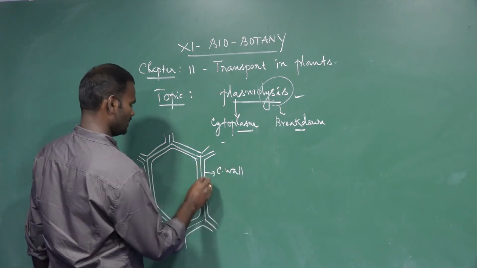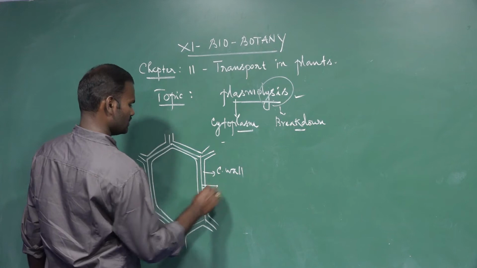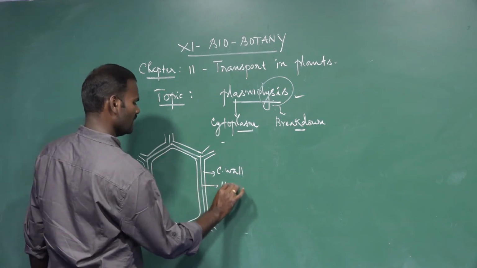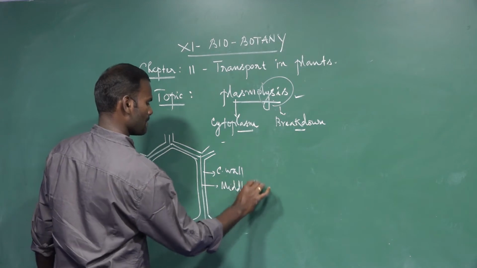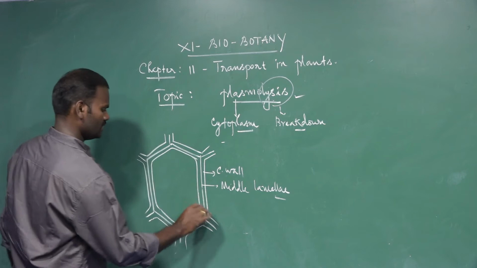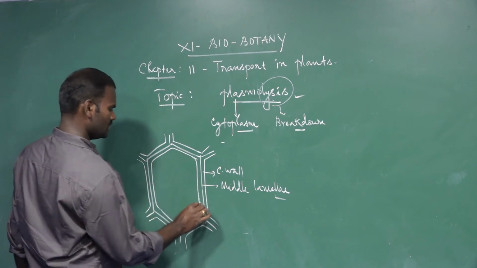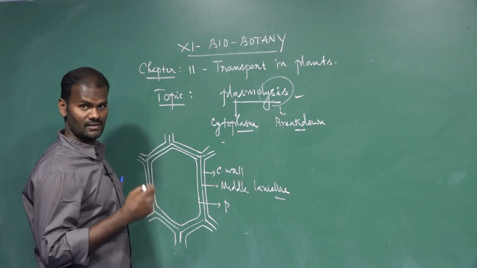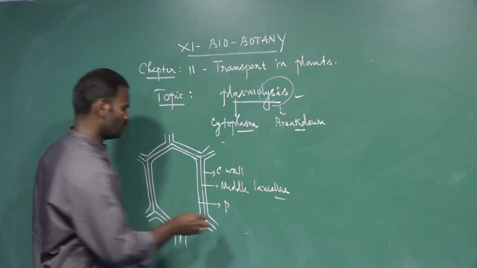It is a neighboring cell, outer cell wall. There is a bridge between the two cells called middle lamellae. It is a protoplasm. So the protoplasm is the physical basis of life. It is the living part of the cell.